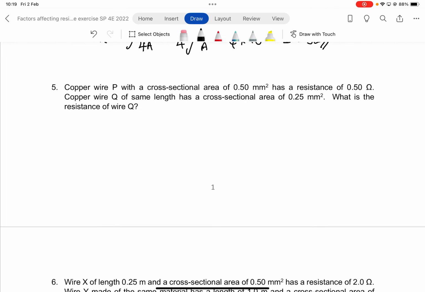Okay, copper wire P has cross-sectional area of 0.5 mm square, resistance 0.5 ohms, Q same length. Both are copper, so same material, same length. Cross-sectional area is 0.25. In other words, it's halved, right? 0.5 to 0.25 is halved.